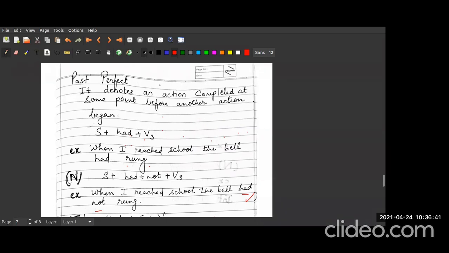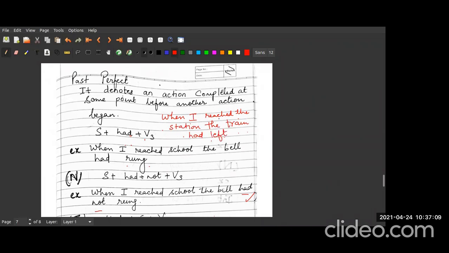Suppose there is a sentence. I'll give you an example. When I reached the station, the train had left. So here two things are happening in the past.